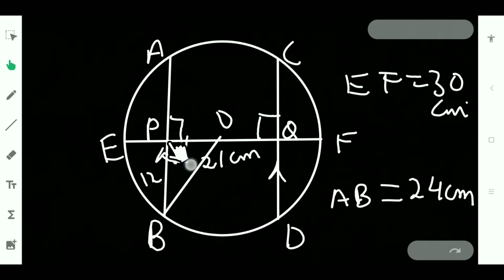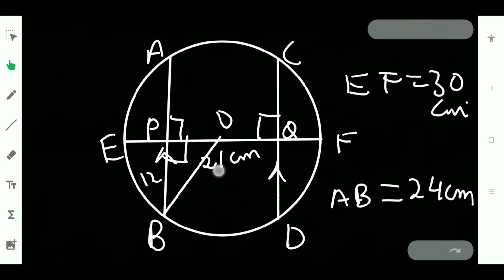And here also, triangle PBO is a right angle triangle, that is, angle OPB is a right angle because it is perpendicular to this line AB. As it is perpendicular, by Pythagoras theorem we get OB square is equal to OP square plus BP square.